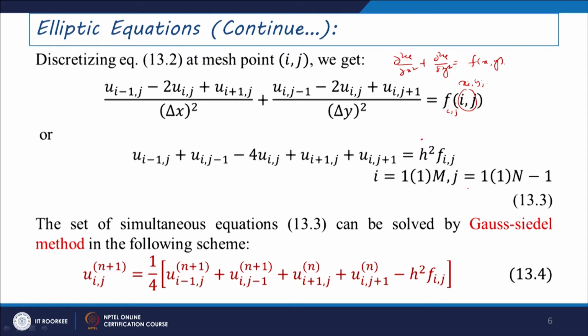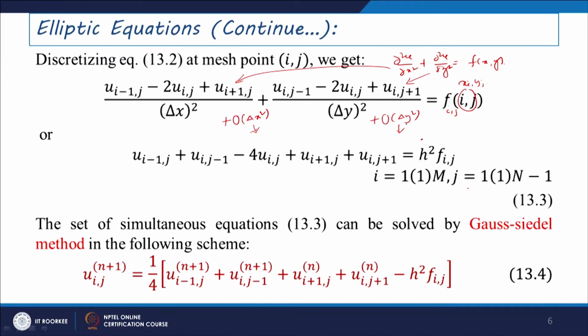If you go for the central difference approximation of this partial differential equation, the first term gives ui minus 1j minus 2 uij plus ui plus 1j by del x square plus order of del x square term, and for the discretization of del square u by del y square, it can be represented as uij minus 1 minus 2 uij plus uij plus 1 by del y square plus order of del y square.